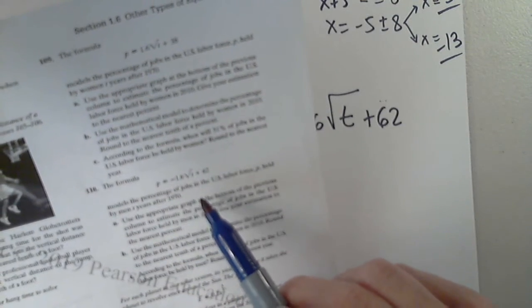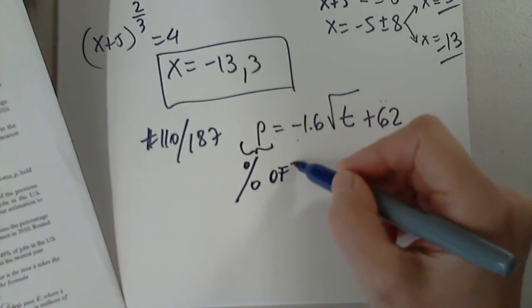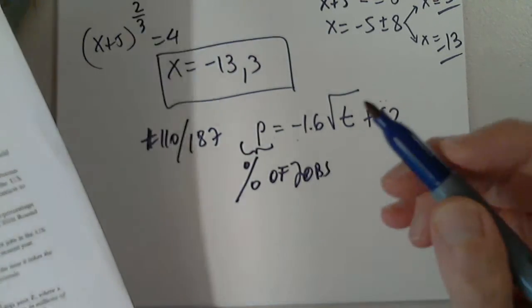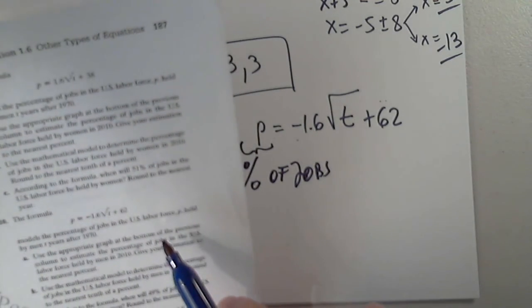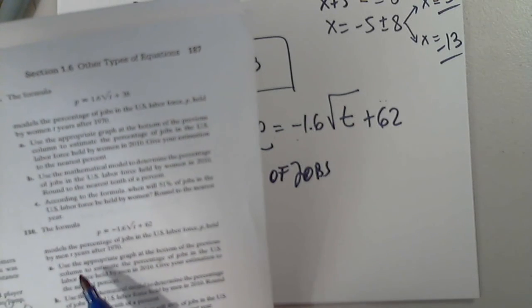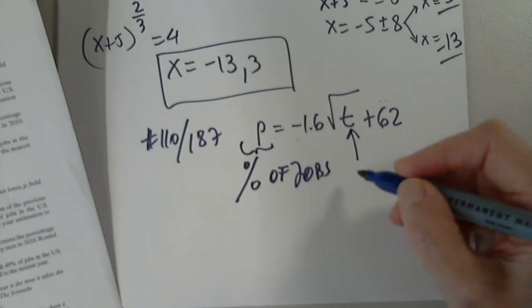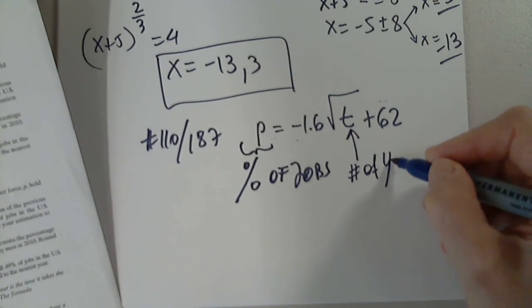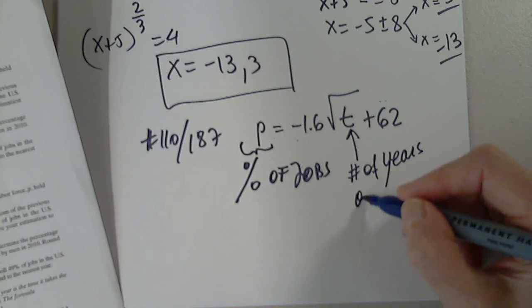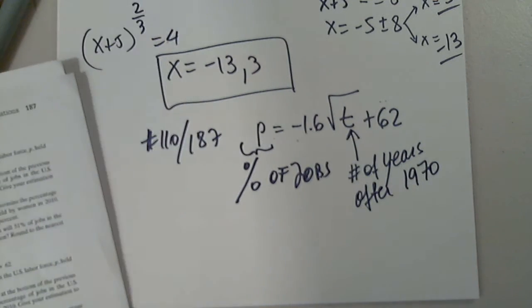It models the percentage of jobs in the US labor force, P, held by men T years after 1970. T is the number of years after 1970. Okay.